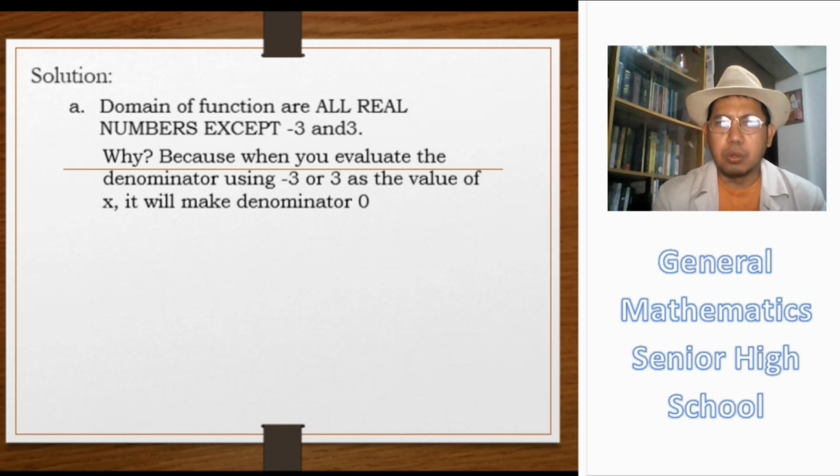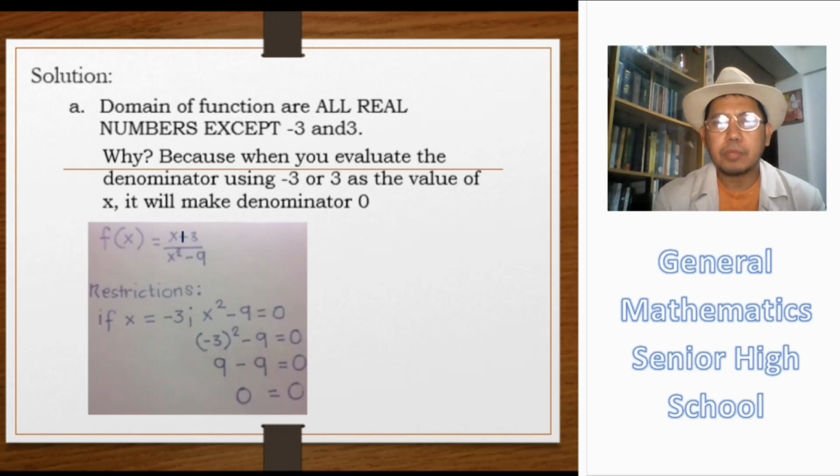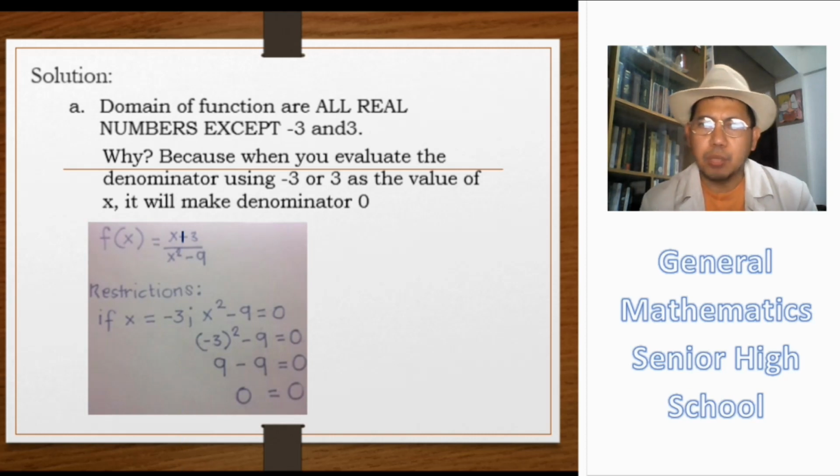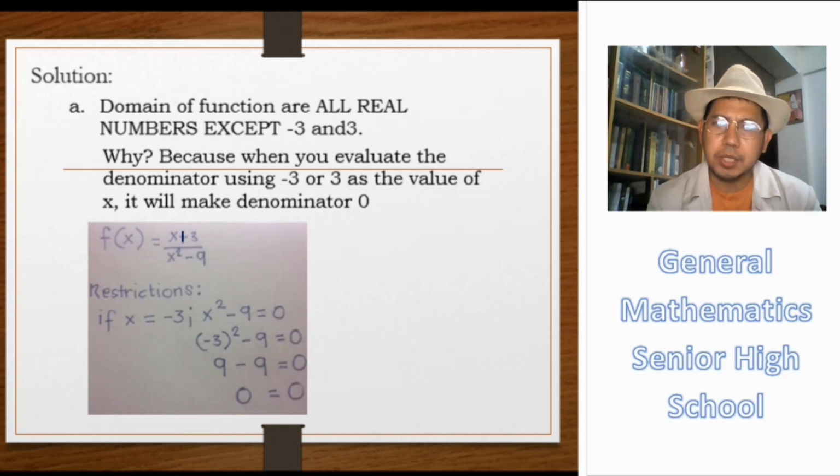It is because when you evaluate the denominator using -3 or +3, the value of x will make the denominator 0. Let's consider this computation. So we have in here f of x is equated to x plus 3 over x raised to 2 minus 9. That is the original function.